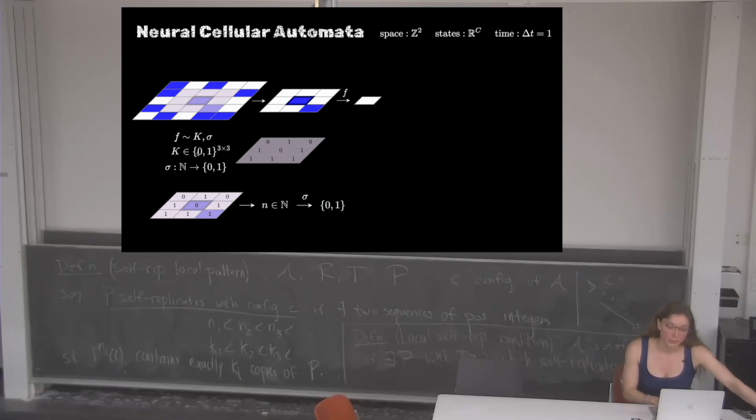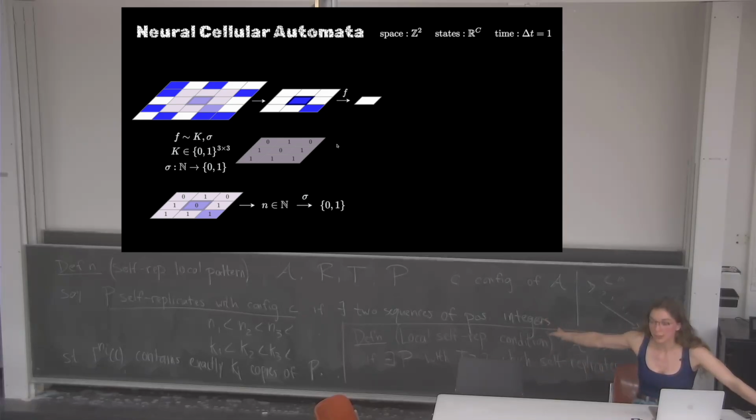So what the kernel can be is just a matrix which exactly agrees with our neighborhood size. So it's a 3 by 3 matrix, for instance, of binary values, such that we can essentially convolve our grid with this kernel. That is, we overlay it with the neighborhood of the cell and we do pointwise multiplication and add all of these values together to obtain just a single value, in our case a natural number, which we can then feed into the nonlinearity to obtain the value of our central cell in the next time step.